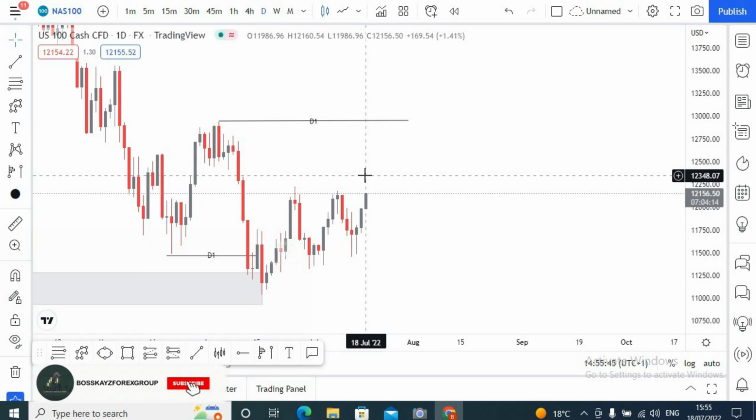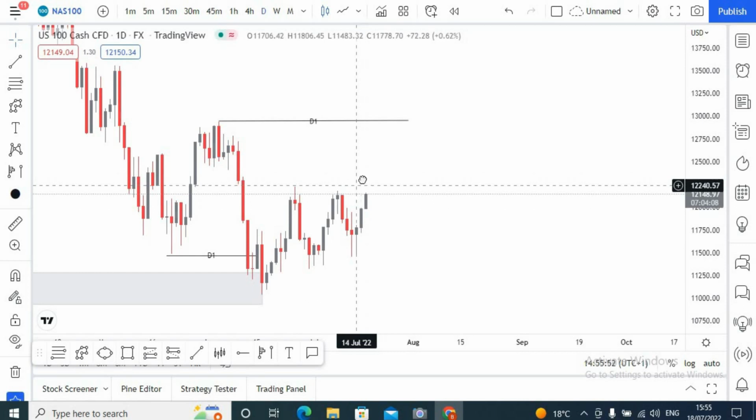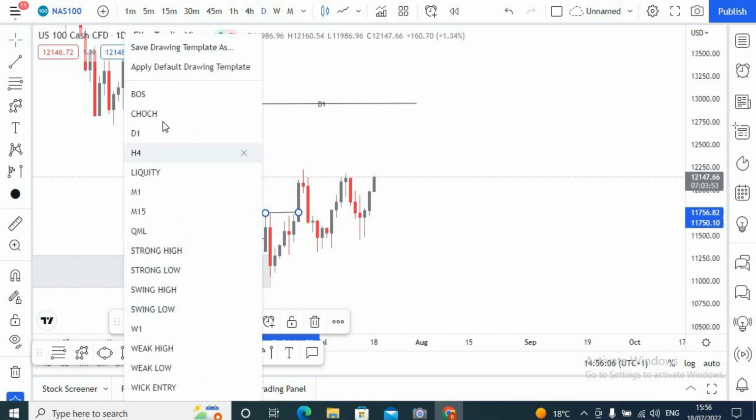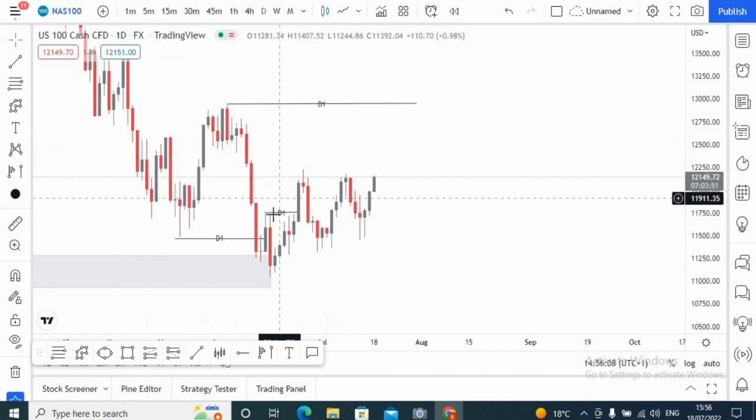When you are trading from the low into the high, you have to understand where the price is coming from. So here we had a drop base drop, meaning this was a continuation trend to the downside, something like this.